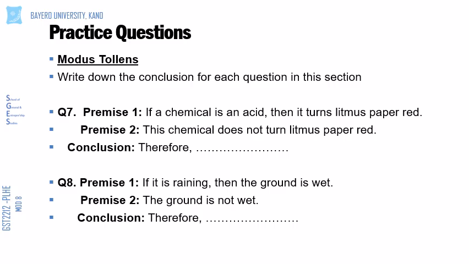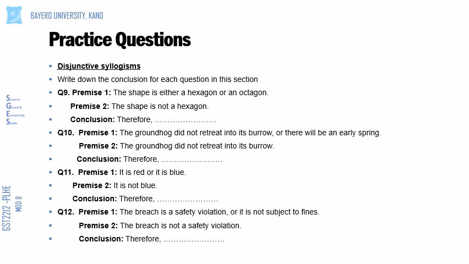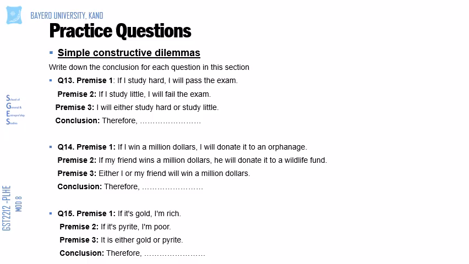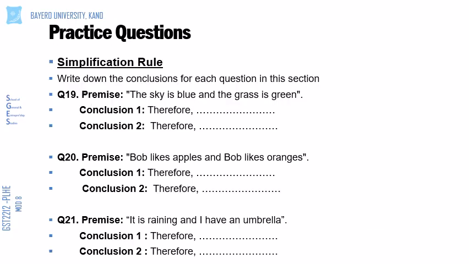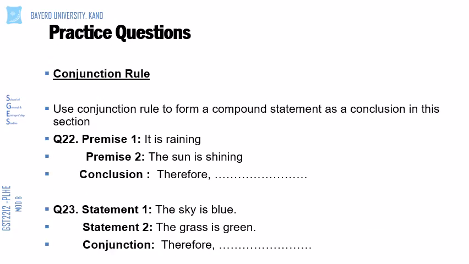Then we have disjunctive syllogism, questions 9, 10, 11, and 12. And we have the simple dilemma, where we have questions 13 and 14, and then the assumption rule, question 16, the simplification rule, and the conjunction rule.